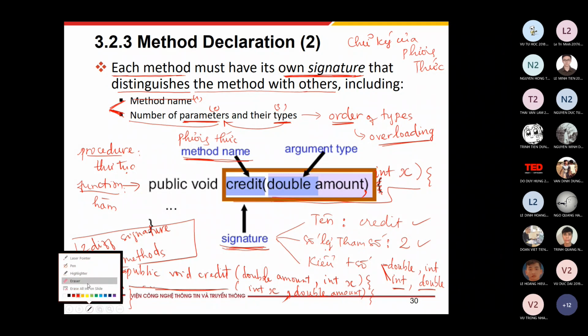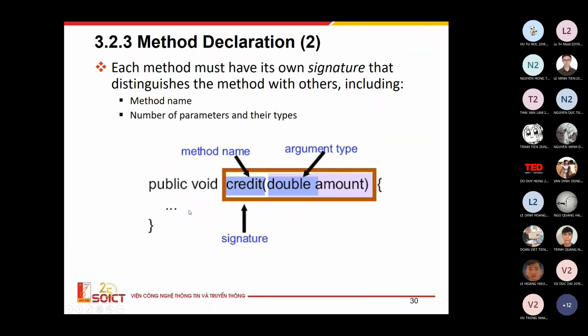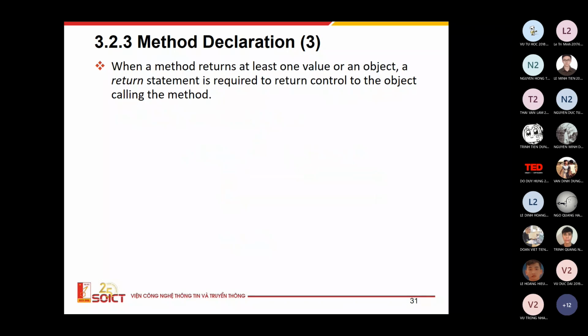In one class, you can only have methods with different signatures. You cannot have the same method with the same signature. Các phương thức phải khác nhau về mặt chữ ký.